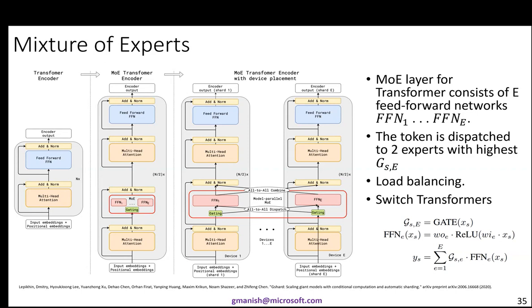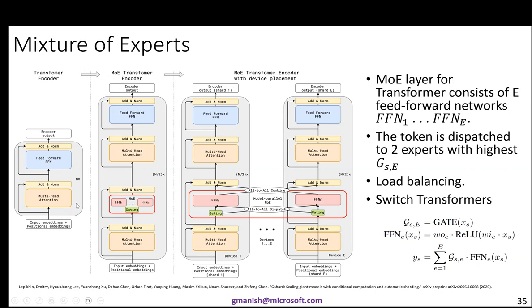A clever way was needed to increase the number of parameters in a model, store those parameters across machines, and still get very good accuracy with efficiency. So in the hope of leading to trillion-sized models, people came up with this thing called mixture of experts. The idea is again very simple.